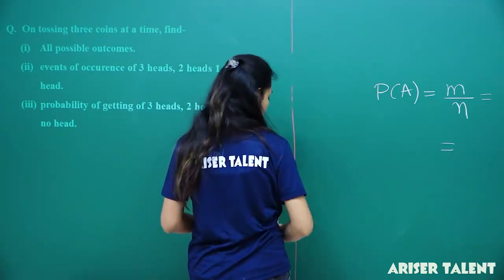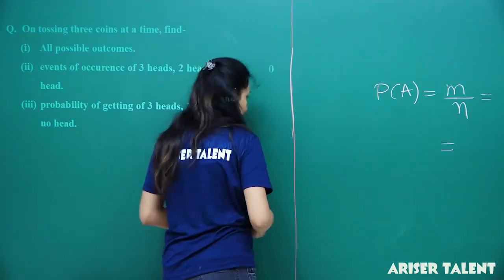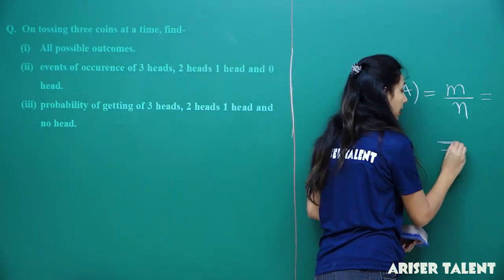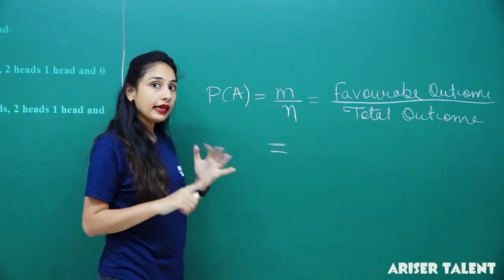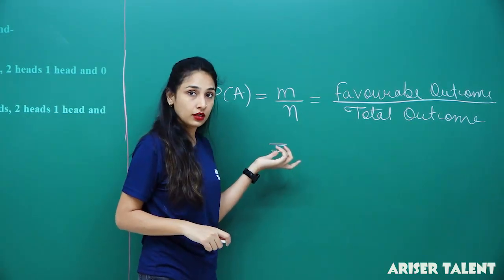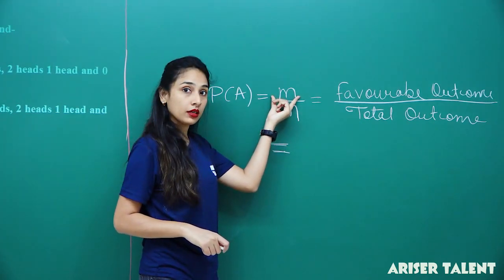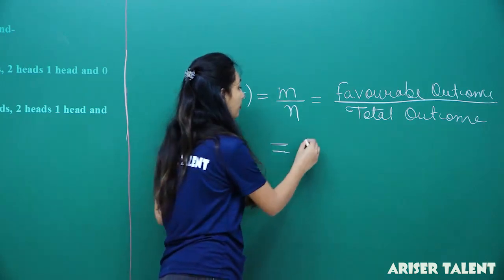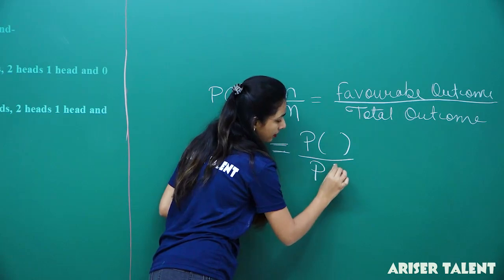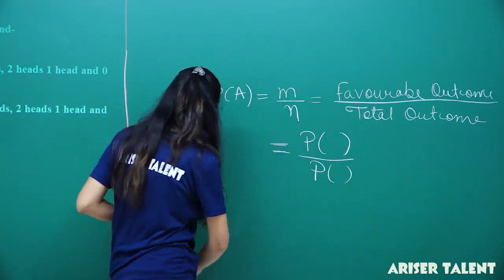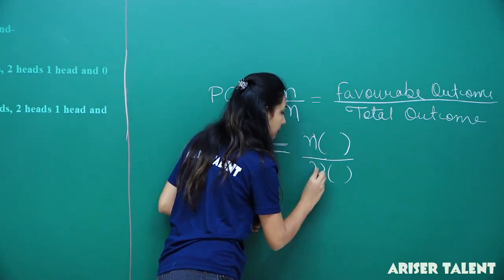Now, M and N are basically numbers, or we write it as N. So, these are numbers.